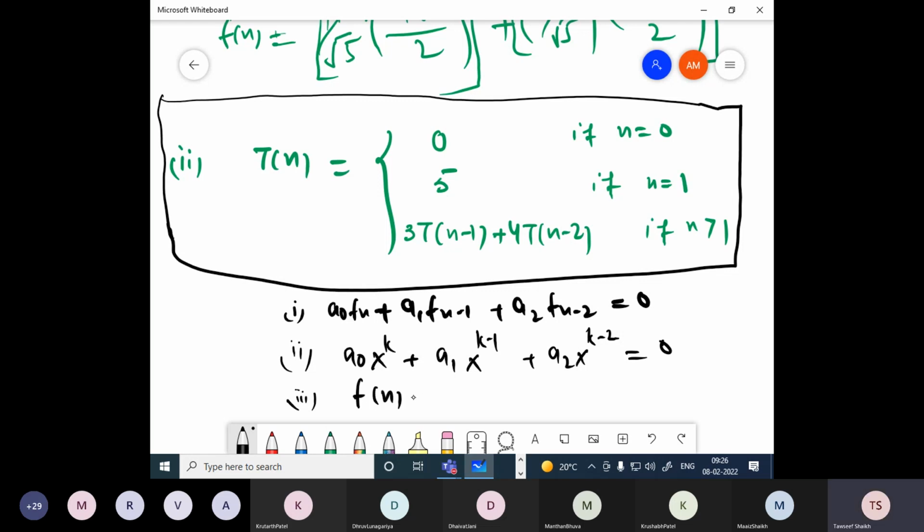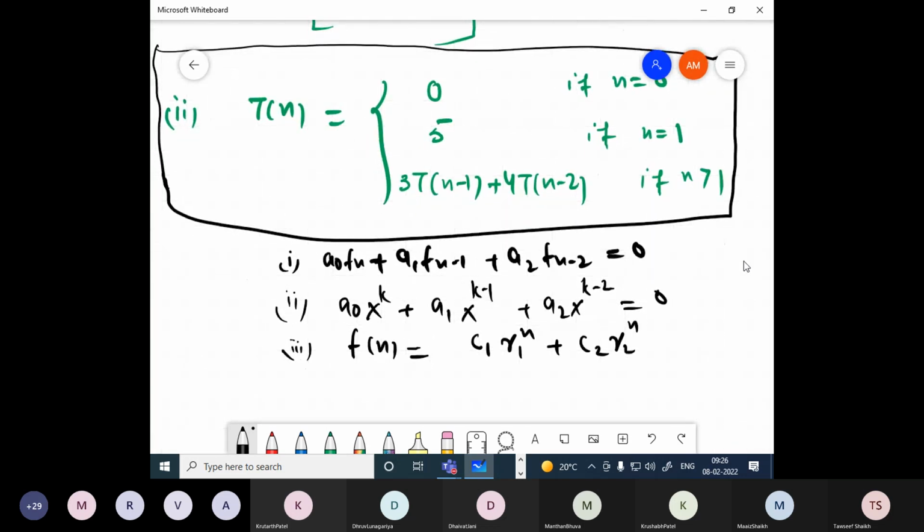Third step is to put the values obtained in the first two steps in the equation. Done?